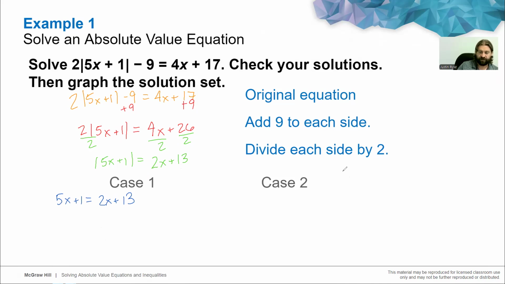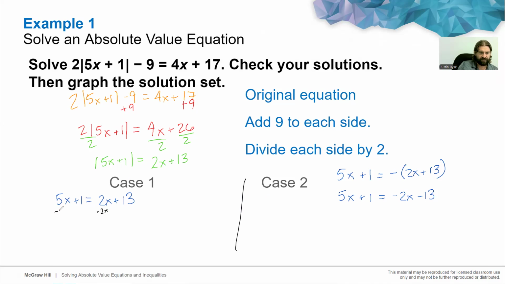The other case, and this might be a technique or a shortcut, is to make 5x plus 1 equal to the opposite of 2x plus 13. Technically, that becomes 5x plus 1 is equal to negative 2x minus 13. So we're going to do the complete opposite. Now that we have these 2 separate problems, we're going to solve each one individually.